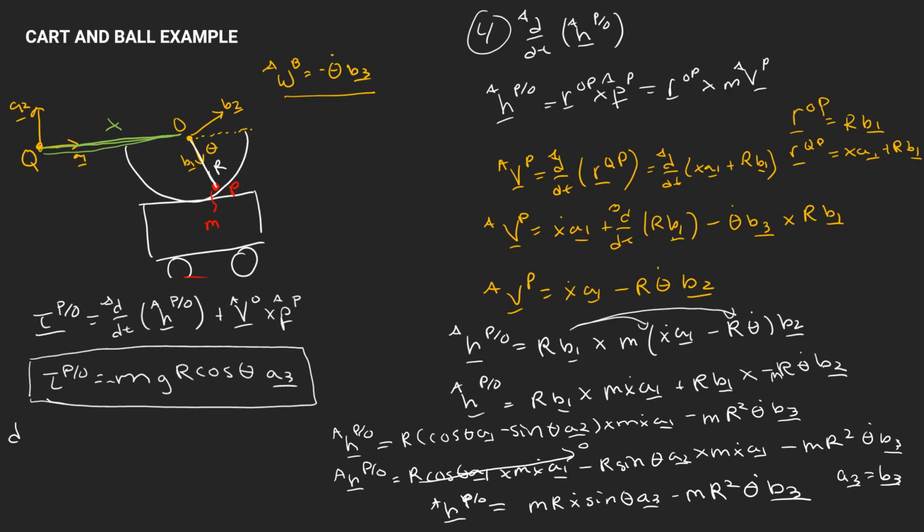So we're going to take now the derivative of our angular momentum term. So we're going to take the derivative in frame A. So I'm just going to write this all in terms of A3 to make our lives easier.